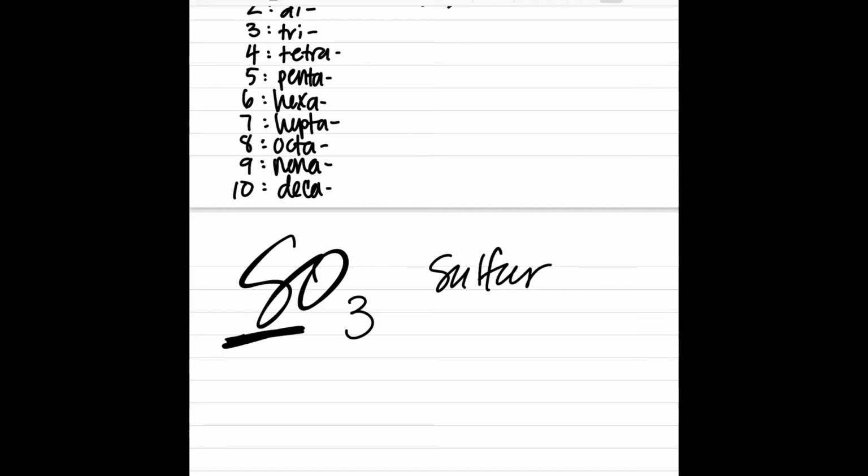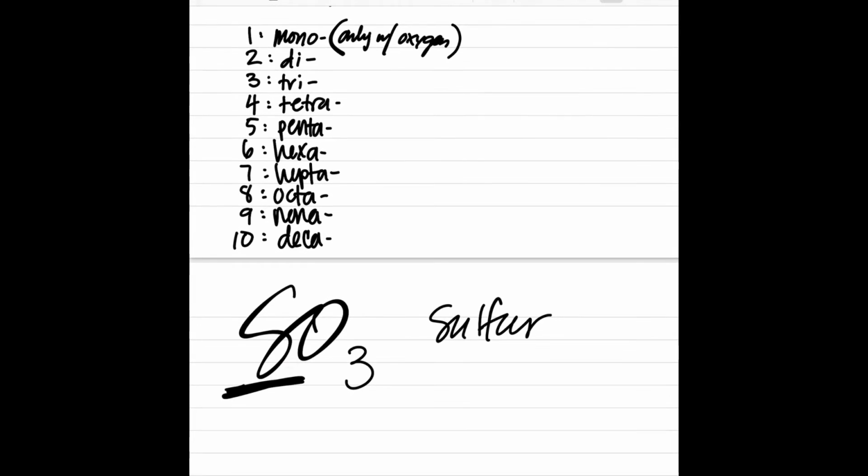But I don't, so that means that's actually a 1 there. It's an understood 1, but I only use mono with oxygen. So that's just going to say sulfur. Now the next term is oxygen, but remember the second term gets an IDE ending, so that is oxide. And I do have a prefix here, so that's 3, so that's tri. That's going to be trioxide.